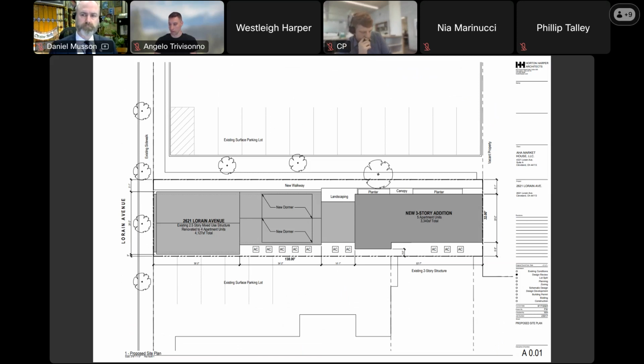The idea is that SHPO wants the existing building that faces Lorraine to be the most prominent structure on the site. That's caused some issues with the financial viability of the project, but we think we're getting to a good spot. Next.